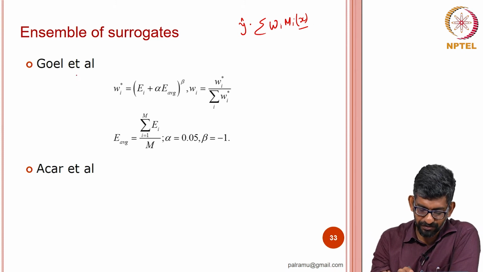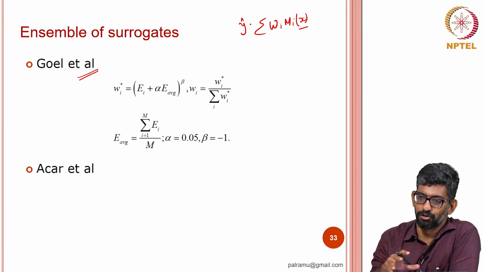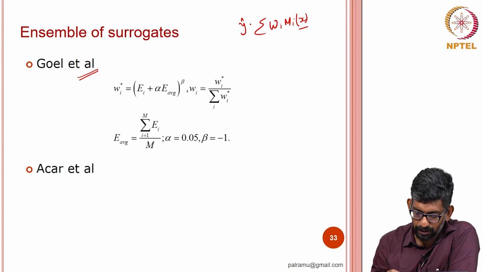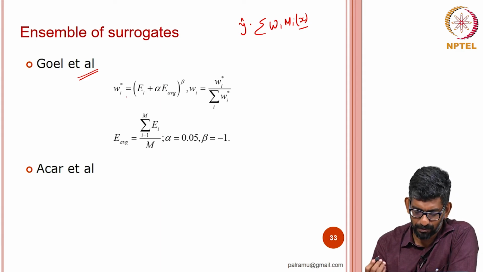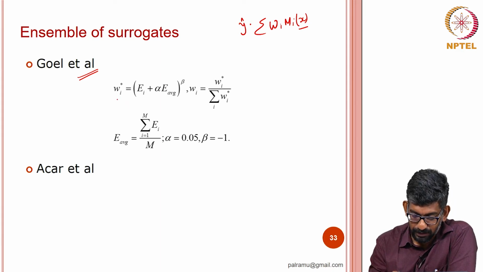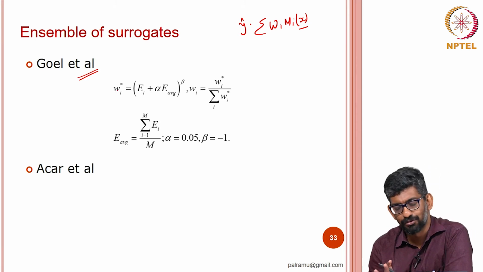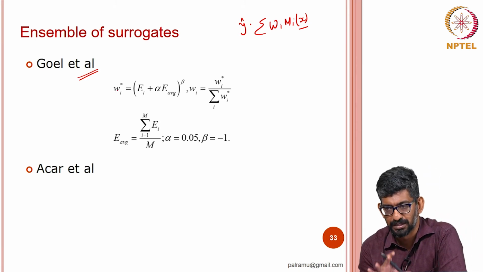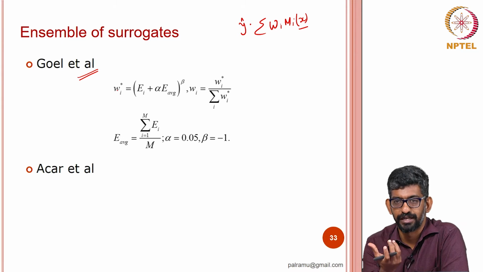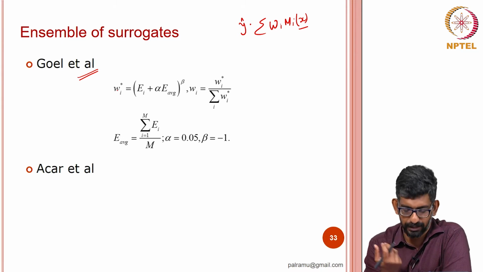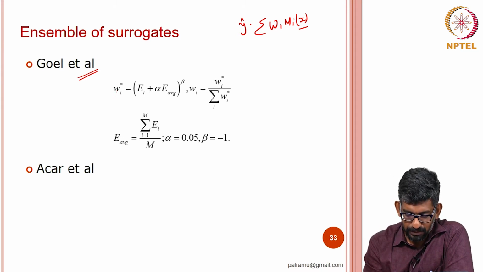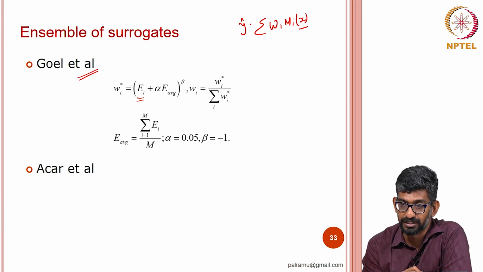One of the first in this structural domain was proposed by Goel et al. It is an ensemble of metamodels kind of a paper. These are just ideas, you do not have to worry about the paper per se, but this is an idea to tell you how you can leverage all the metamodels' learnings. We are talking about the weights here, and this E is your cross validation error.